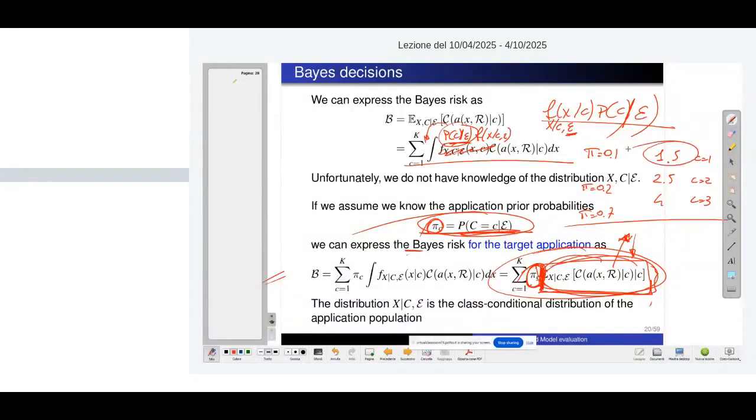Well, on average, for samples of class 1, I pay 1.5. And how many times do I see errors of this kind? 10% of the times. Then 20% of the times, I will pay an average cost that is 2.5. And then the other 70% of the times, I will pay an average cost for those samples of class 3 that is 4. So my overall average cost is the sum of these terms, and whatever it gives.